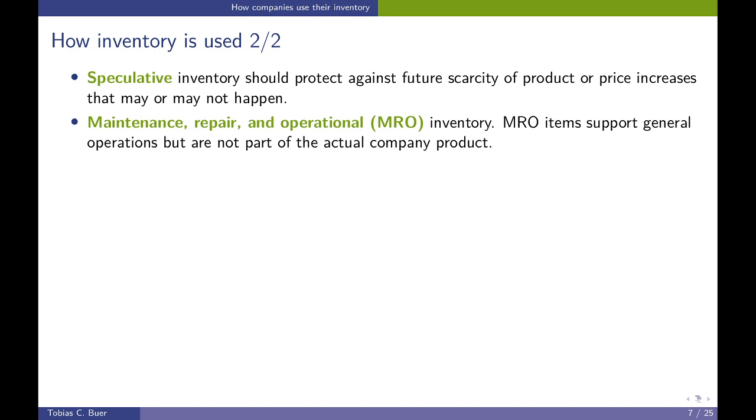Other companies have a speculative inventory in oil. I guess right now many companies are doing this. They buy oil right now because the price is low, and they expect after the corona lockdowns are over a recovery in the oil prices, and they want to benefit from the increased prices, and therefore they have a speculative inventory.